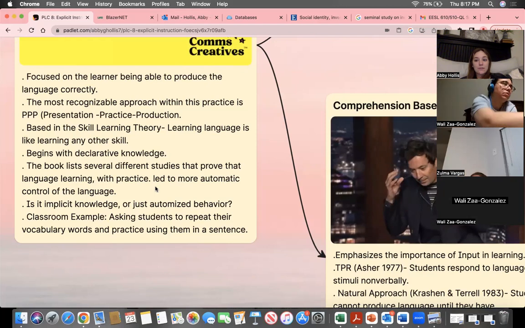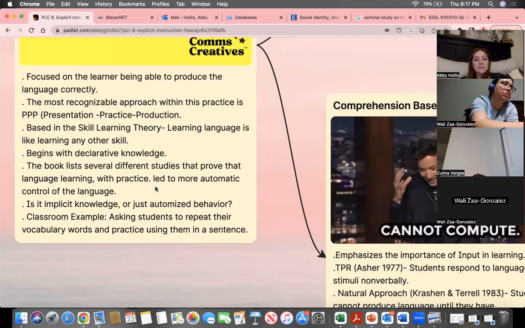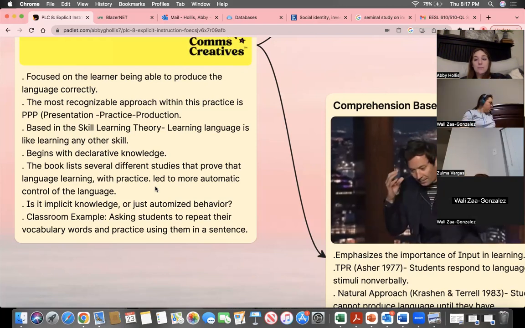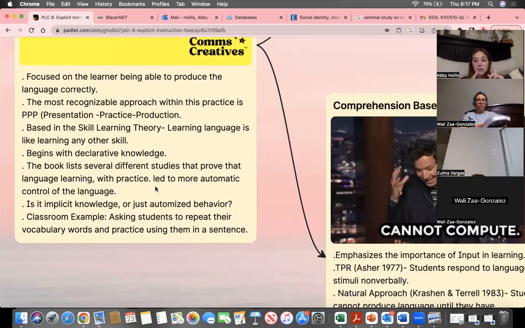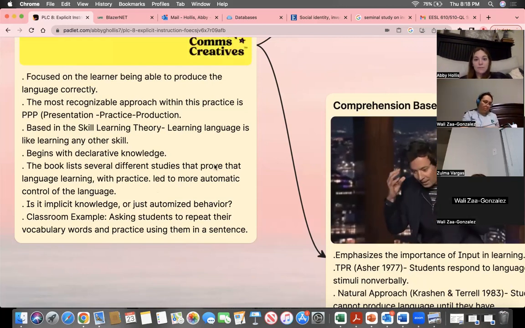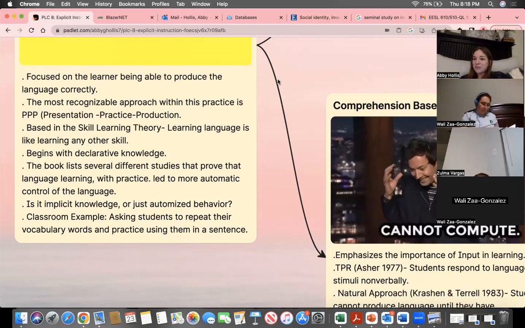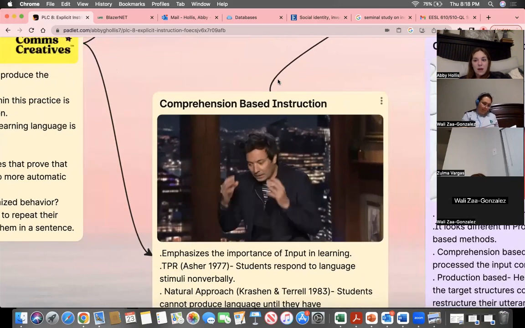And so my classroom example is asking students to repeat their vocabulary words and practice using them in a sentence with a partner. I love letting my class repeat with me. That way they can work on their pronunciation because it's really hard to do it by yourself sometimes.